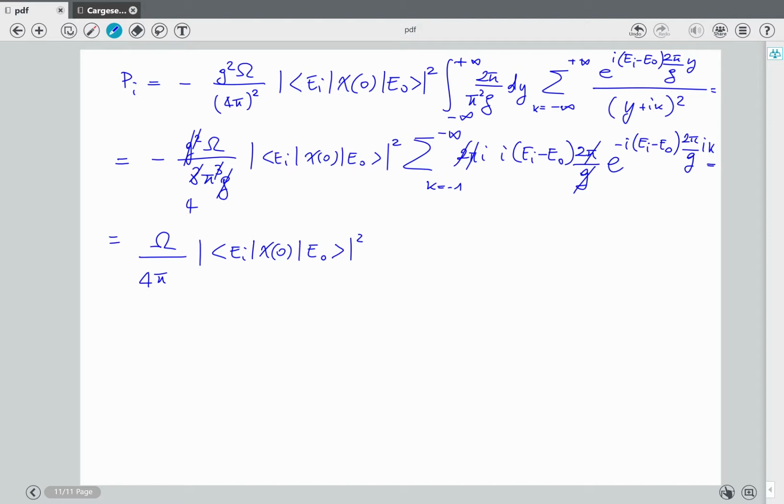There is another factor 2 that I missed, so here we have just a 2.